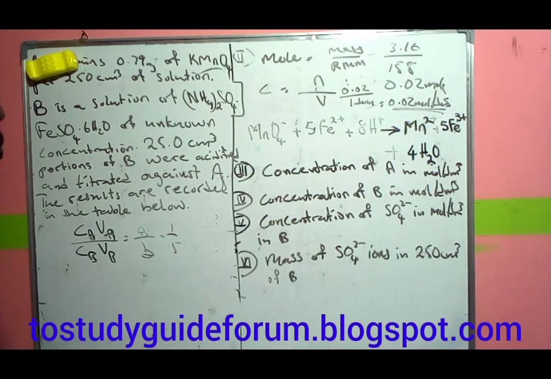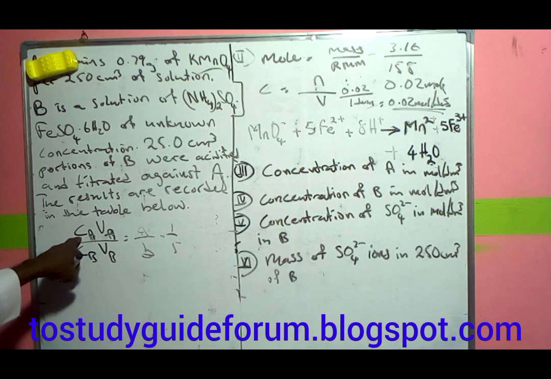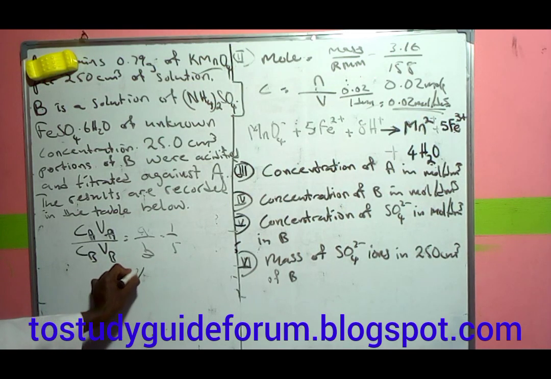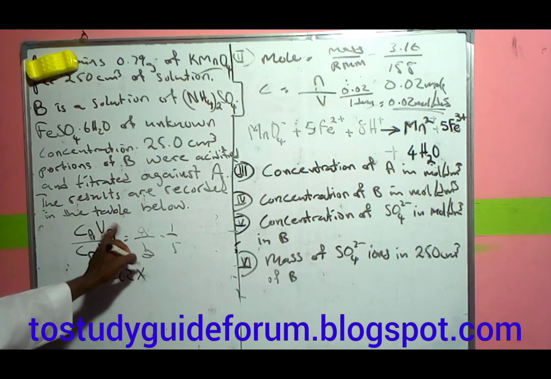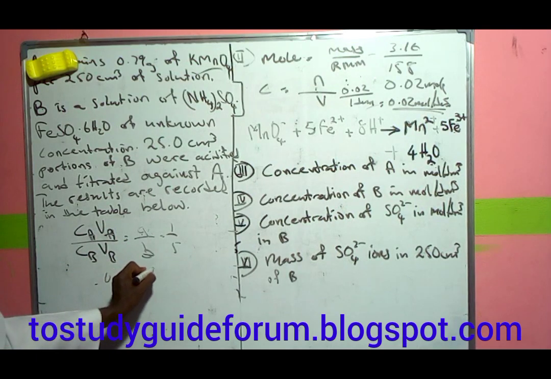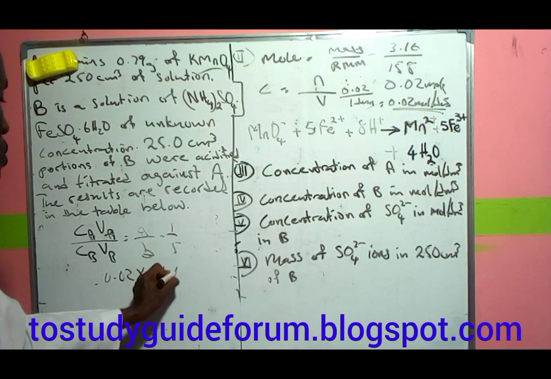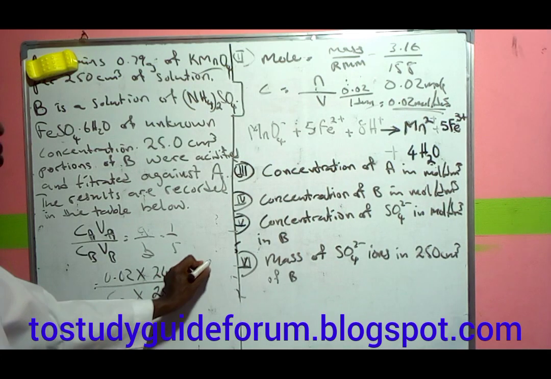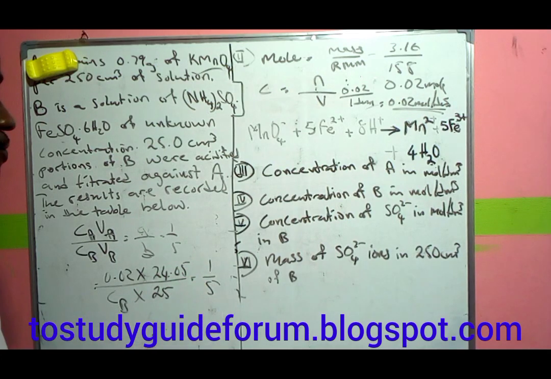The concentration of A in mole per dm cube is 0.02, and the volume of A used is 24.05. The concentration of B in mole per dm cube we don't know, but the volume is 25 from our question. Then the ratio is 1/5, the mole ratio.